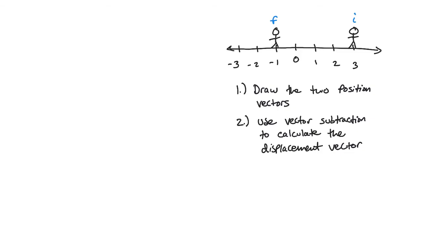I'd like you to draw the two position vectors, so the initial position vector and the final position vector, and then use vector subtraction to calculate what's called the displacement vector. Remember that displacement is a vector. So how can we construct that vector that represents it? Now go ahead and try that. You might have to, if you haven't done so, watch the video on position and position vectors. So pause, think, and do some physics here.